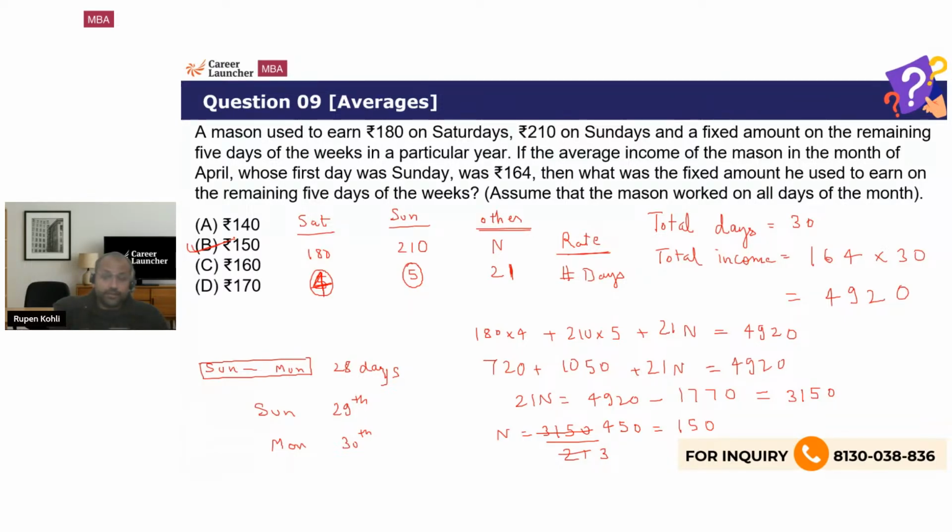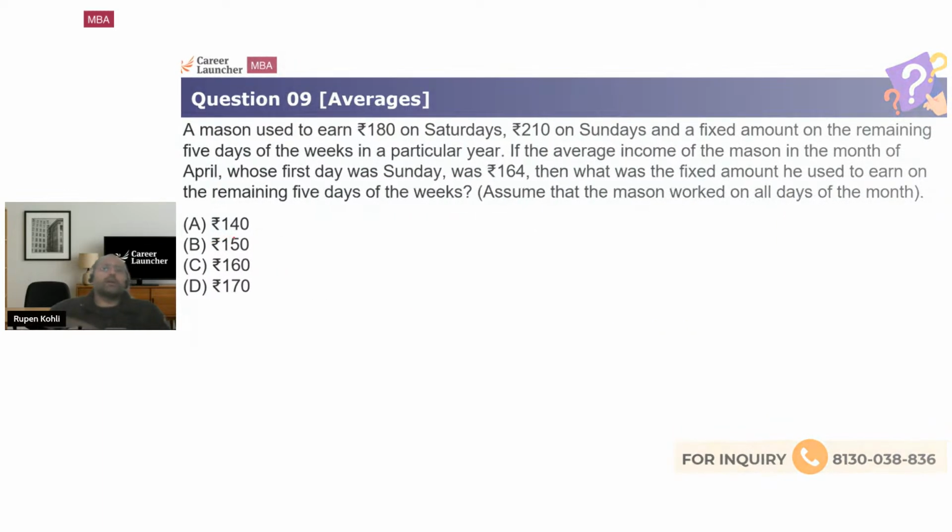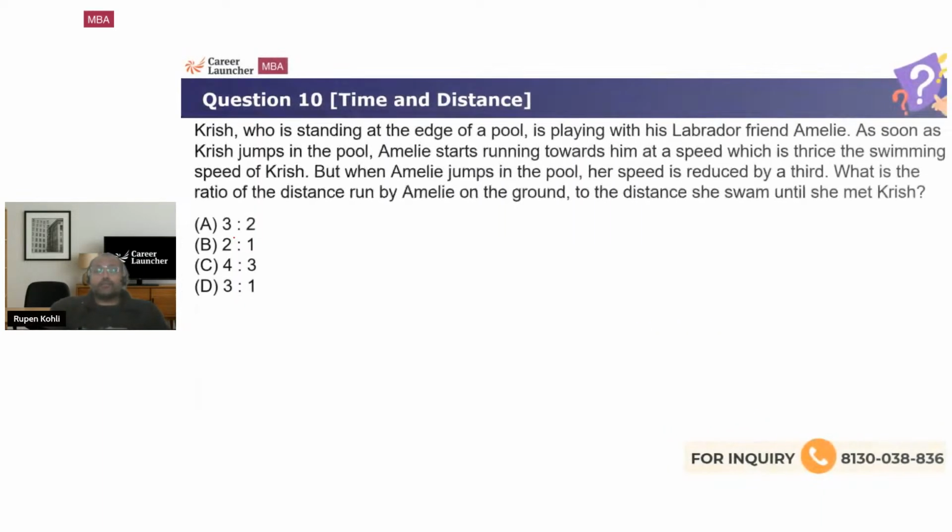That's all. But be ready for these kind of things, right? And these are doable things, and you should get them done, right? 1.5 minutes on an average is doable, right? Let's go, perfect. Next one.